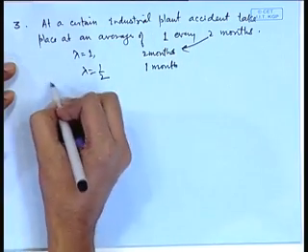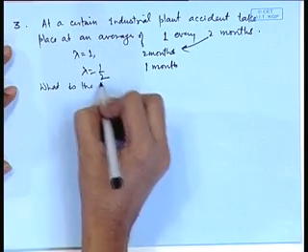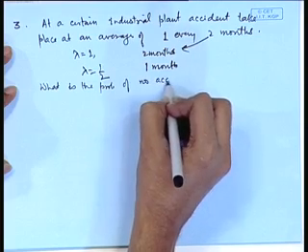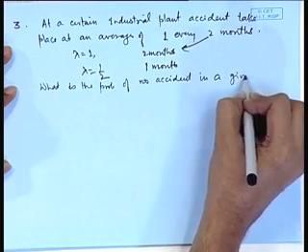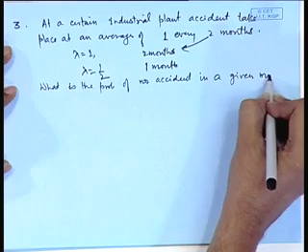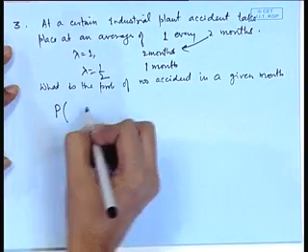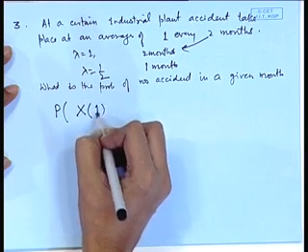So, what is the probability of no accident in a given month? Now month is the unit.